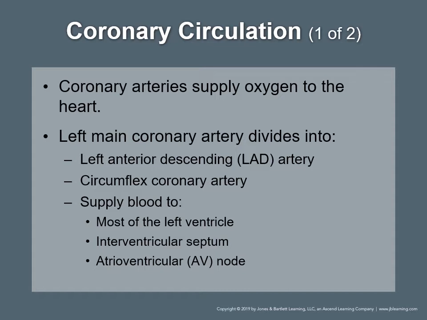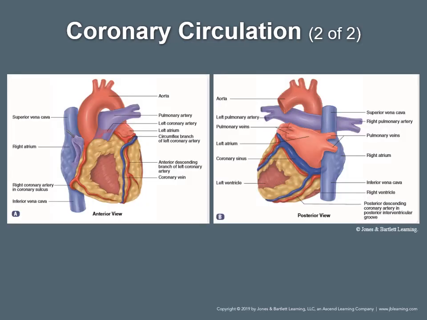They supply blood to most of the left ventricle, the intraventricular septum, and at times the atrioventricular or the AV node. Coronary arteries supply oxygen and nutrients to the heart. The first picture, picture A, is the anterior view, and picture B is the posterior view.